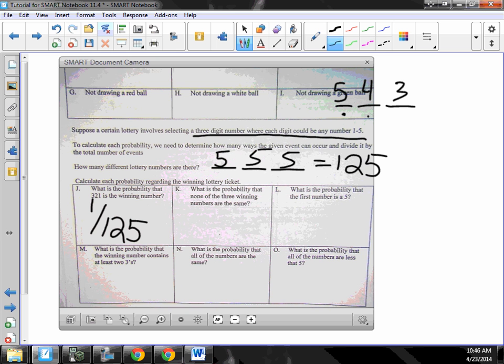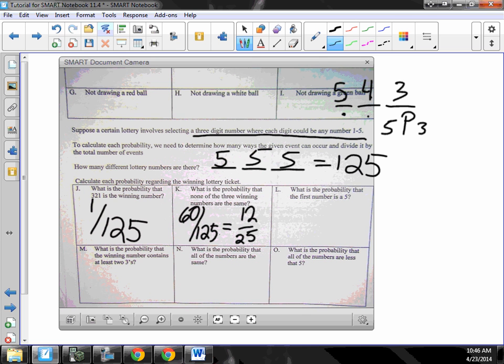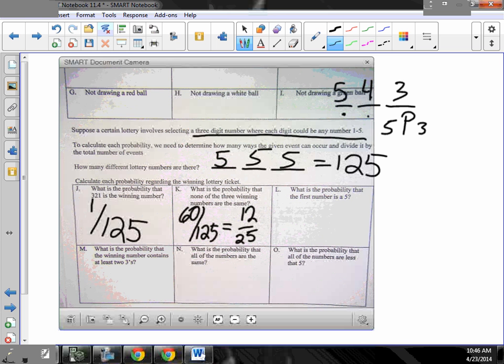Once you use a number, you're not allowed to duplicate it. So we could have done 5P3. In either case, 5 times 4 is 20 times 3 is 60. So the probability is 60 out of 125, which simplifies to be 12/25. So you have a 12 chance in 25 that there are no duplicate numbers in your answer.